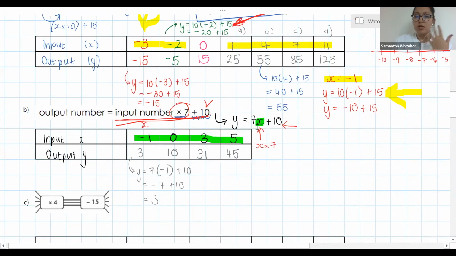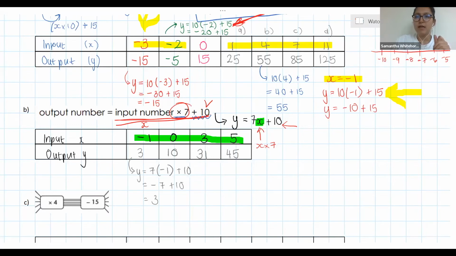Whilst we do need to be able to do this, as long as you times each one by 7 and add 10, it's absolutely fine. Whilst it is important to get the algebraic equation, just for now, just being able to do the calculations is really what I am focused on. I hope that makes sense. If it doesn't, you're more than welcome to pop another question on the chat.